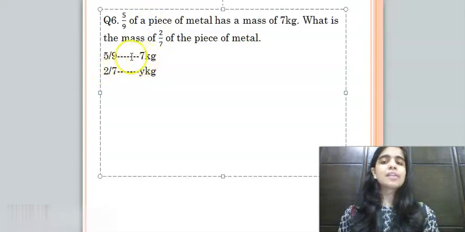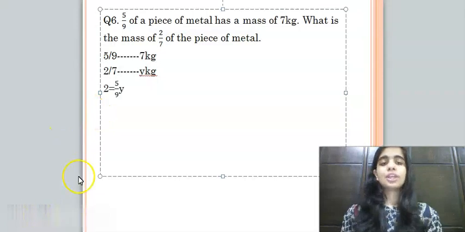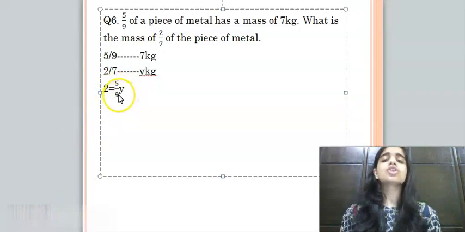2/7 multiplied by 7 is equal to 5/9 y. So 2/7 multiplied by 7 will give me 2, and that is equal to 5/9 y. Okay, so we need to find the value of this y. So this will be 2, it is dividing by 9 over here, so this will be 2 multiplied by 9 divided by 5.